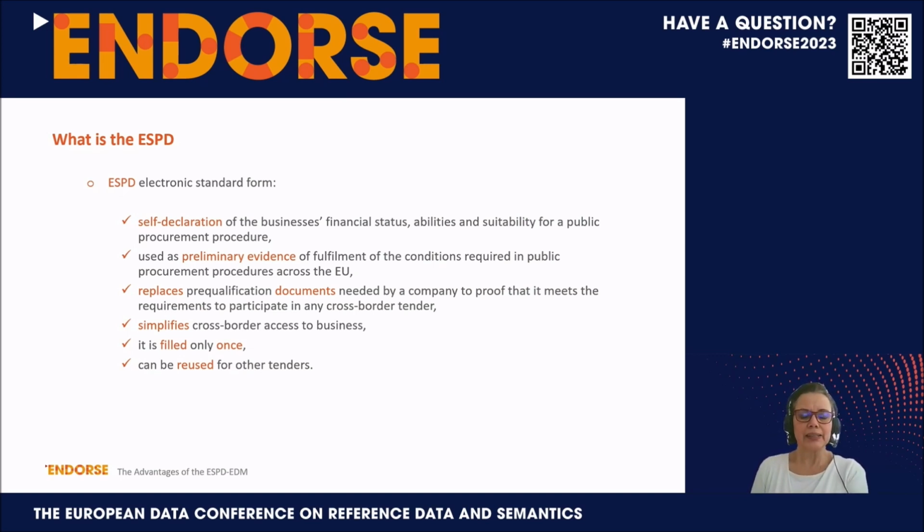This form is used as preliminary evidence that the economic operator fulfills all of the conditions to participate in these tenders. It replaces the pre-qualification documents normally needed for all tenders and for participating in cross-border tenders. So it simplifies access to business, and it is filled in only once and can be reused for any other tender.